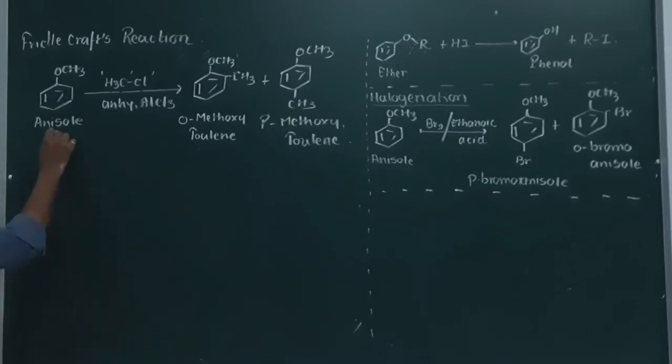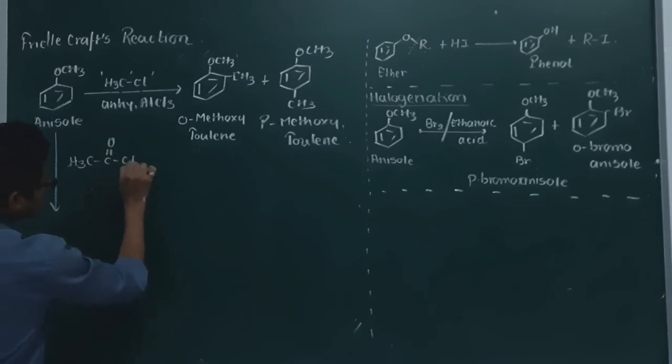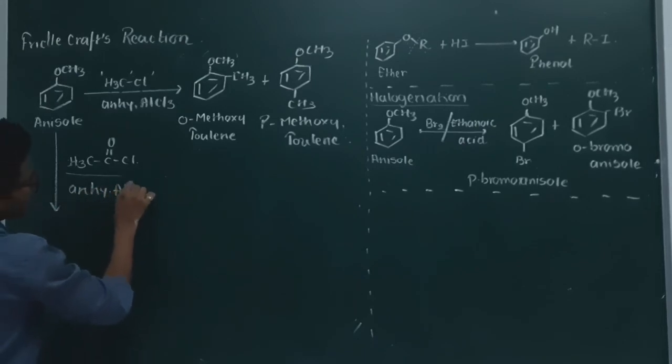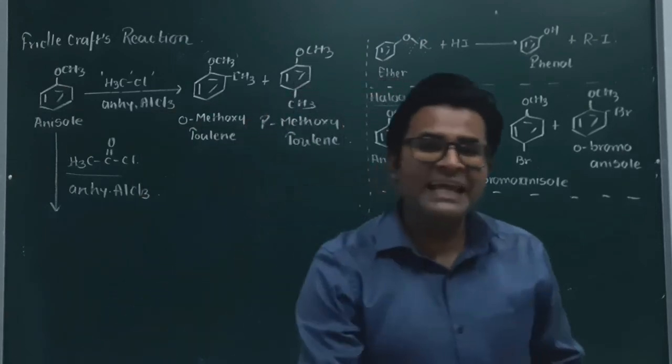Going further, if we take this particular anisole and move to another set of reaction wherein let us use acetyl chloride, in the presence of anhydrous AlCl3, this particular process is going to be the Friedel-Crafts acylation.